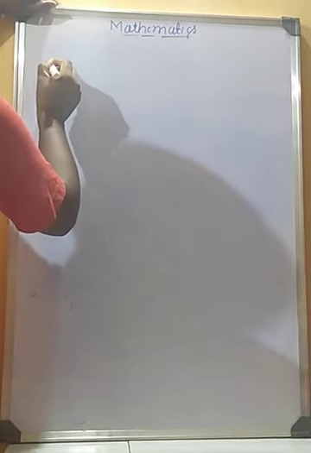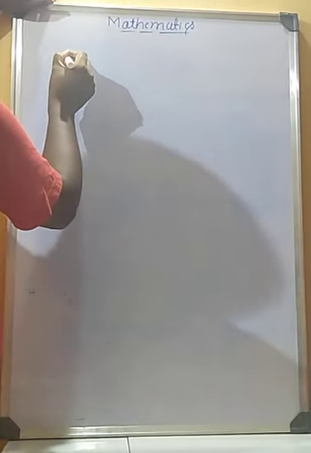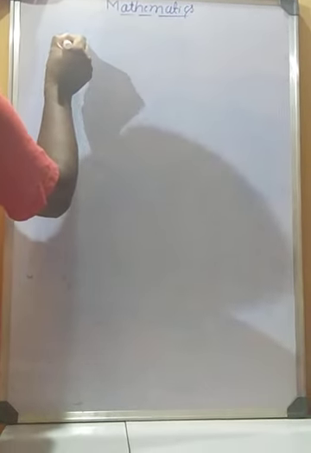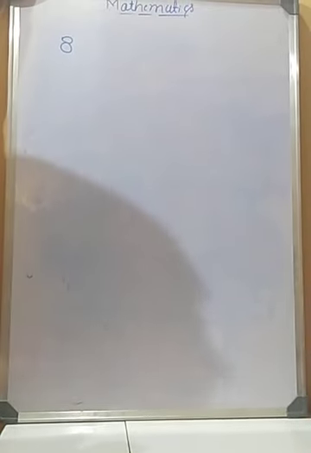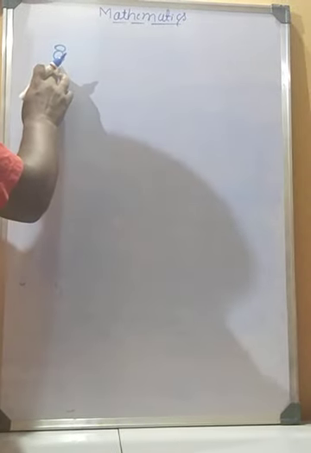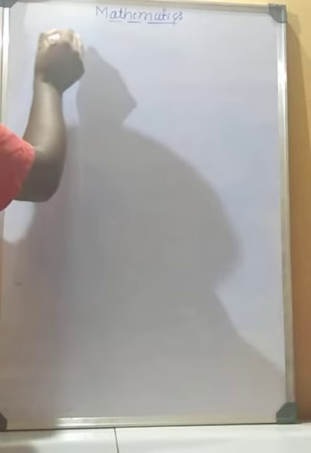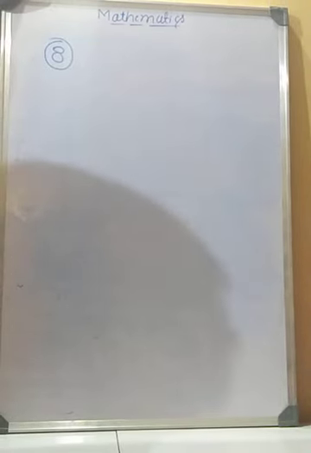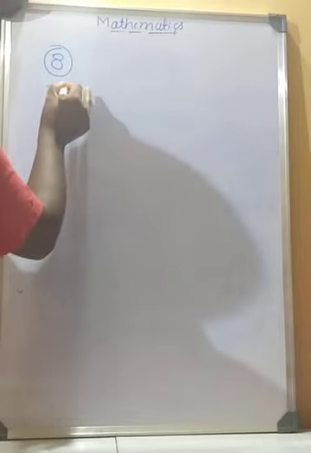Next, if a matrix has 8 elements, what are the possible orders it can have? We know that a matrix of order m cross n has mn elements.